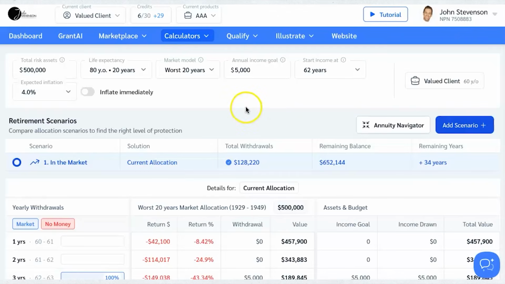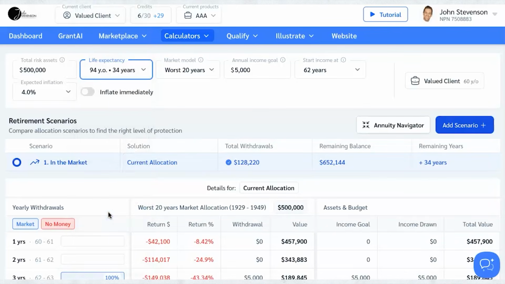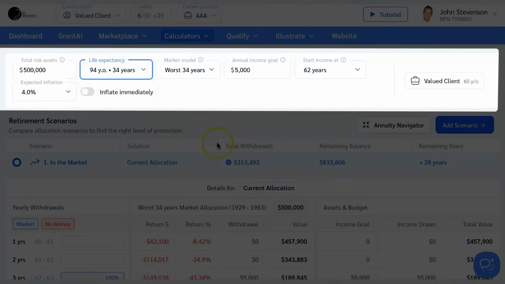For this instance, this person has $500,000, and let's say their life expectancy is 94 years old. They want to take a safe 4% withdrawal rate. It's not very much, we need more income than that, but that's what we're going to do so we don't run out of money.